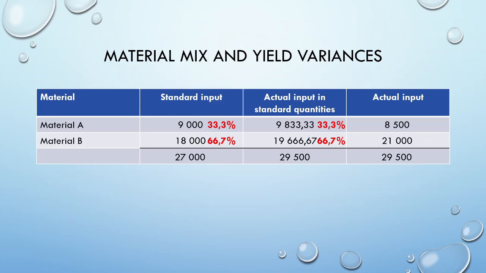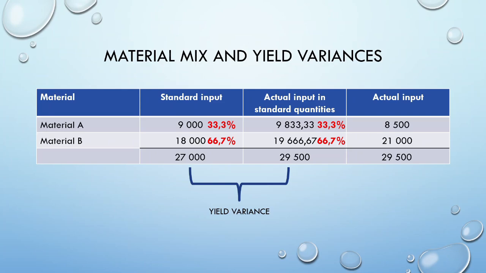19,666.67 kgs. We can therefore see that the difference between the first column and the middle column will represent our yield variance. The mix has stayed the same at 33.33 and 66.67%, but the total quantity has changed from 27,000 kgs to 29,500 kgs.